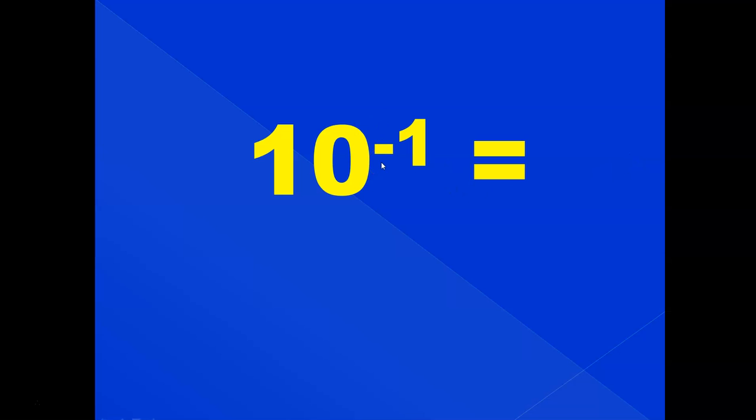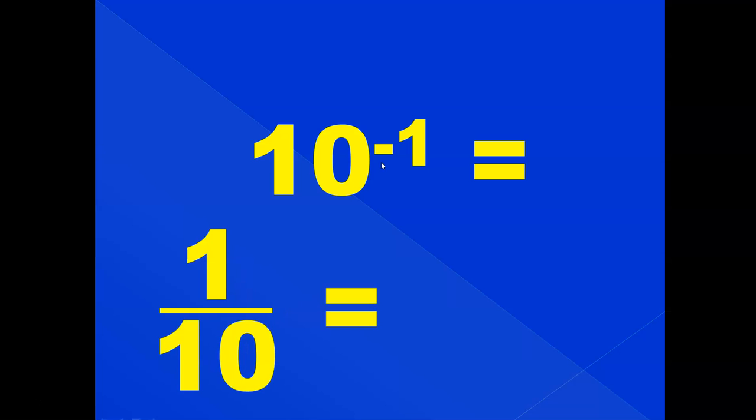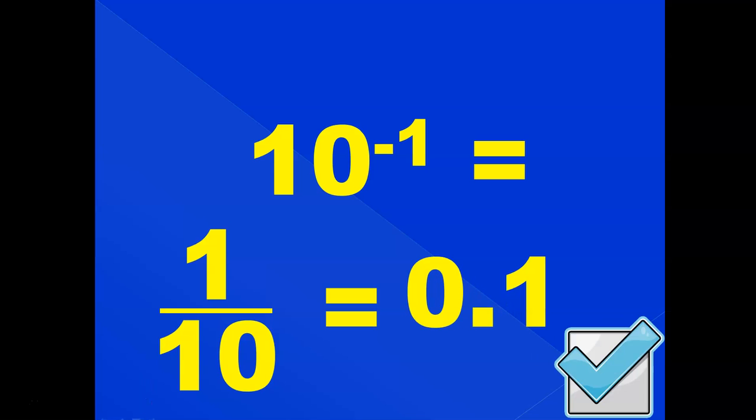So it would be 1 divided by 10 to a positive 1 power. We know that once it's raised to the first power, then we don't even have to put the 1 because the answer would be the 10. So 10 to the negative 1 power is actually a fraction, which is 1 divided by 10. And if we convert that to a decimal, it would be 0.1.